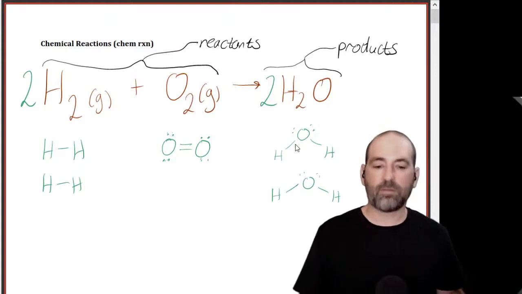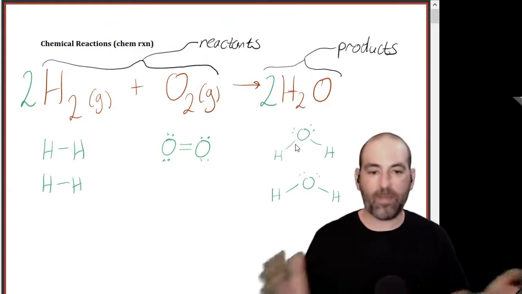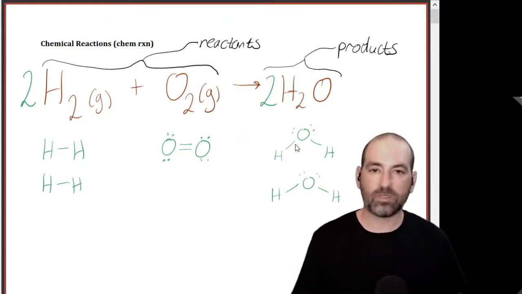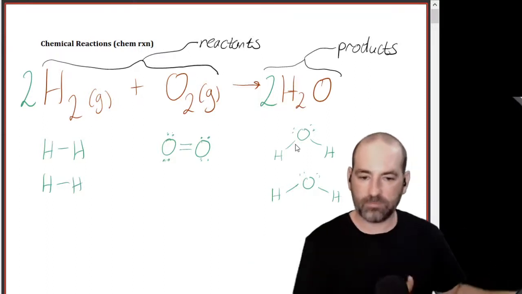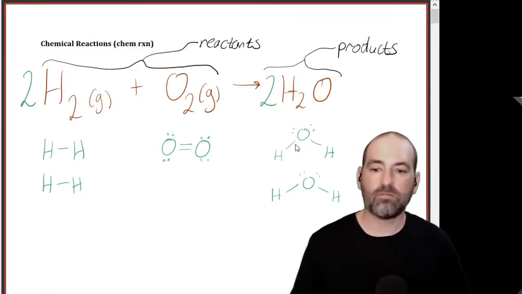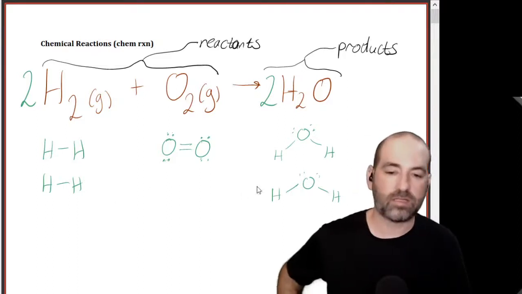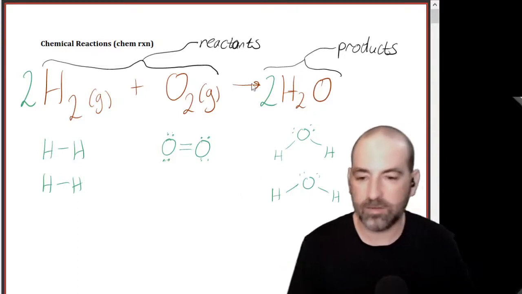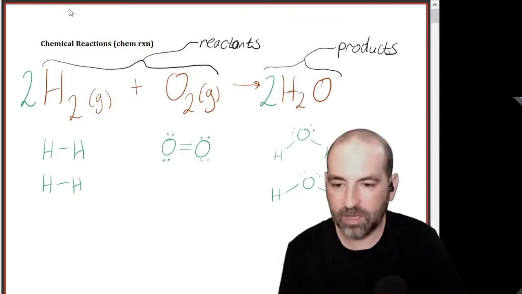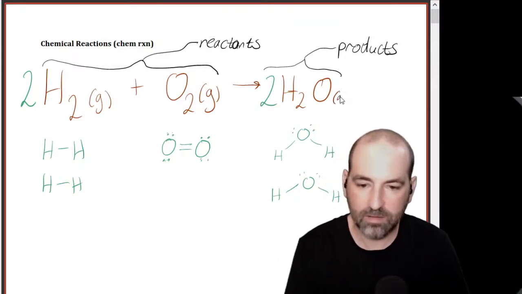Now, later in this chapter, we'll see that reactions actually can go back and forth, so it's not always left to right, but this is often how we will refer to them, as the reactants on the left and the products on the right.